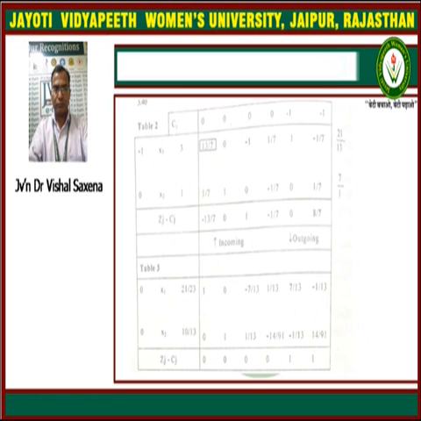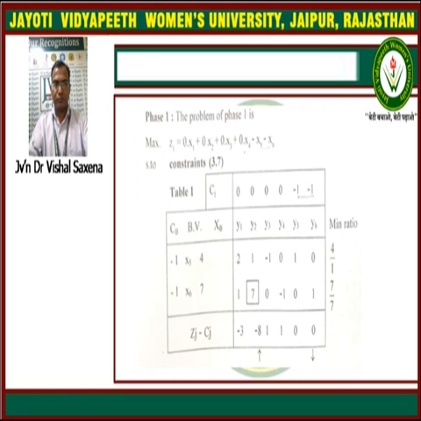Next we take the second simplex table by the usual process of the simplex method. In this table we can see the artificial variable is leaving, x2 is coming in place of x6 and x5 is as it is.